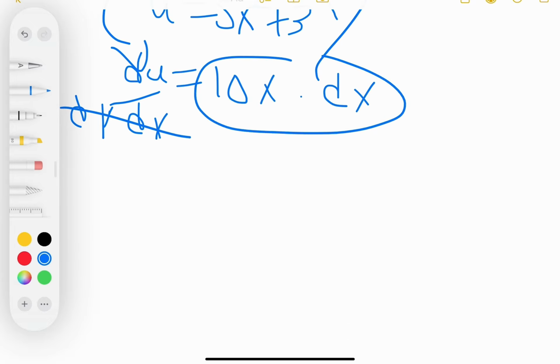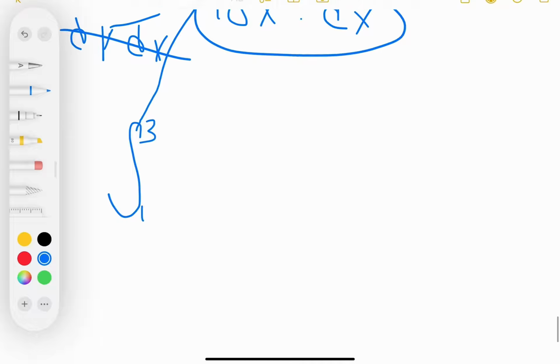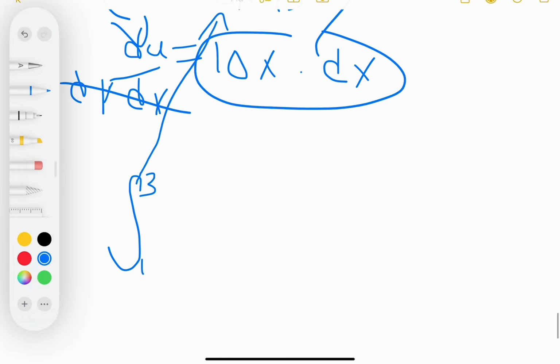So now we're ready to change everything over. Our original bounds were 1 and 3, but we're going to replace these using our u function. When x equals 1, that's 5 times 1 squared plus 3, which is 8.